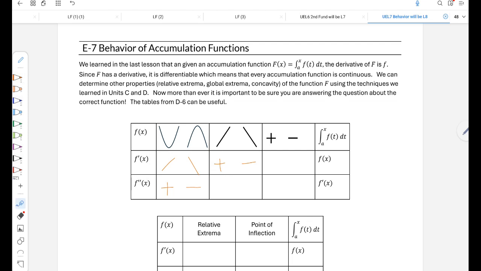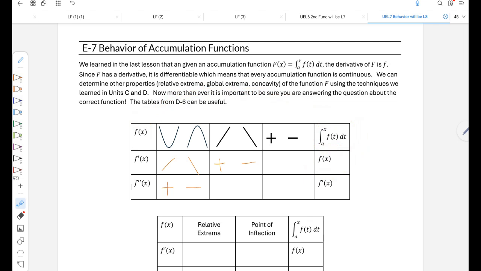But we can also use the fact that those derivative relationships exist between a function, an antiderivative of the function, which is an accumulation function, and its derivative, and also say the same thing. The difference between unit E and what we've done in the past is that the function I'm going to be asking about is the accumulation function, and it stands in for what we used to think of as the function. But now the function has moved to the middle row.